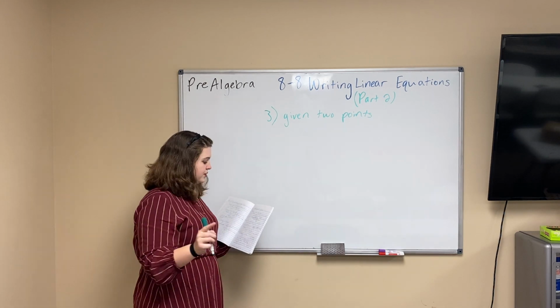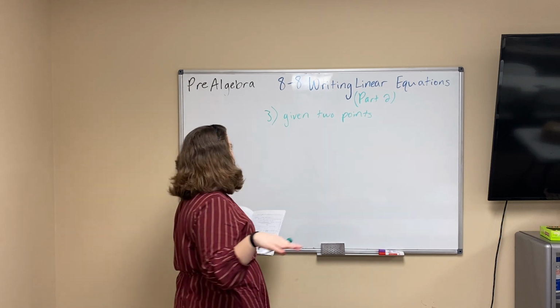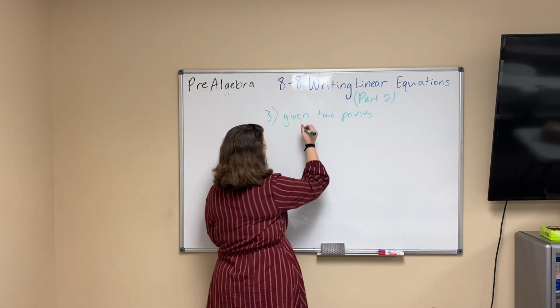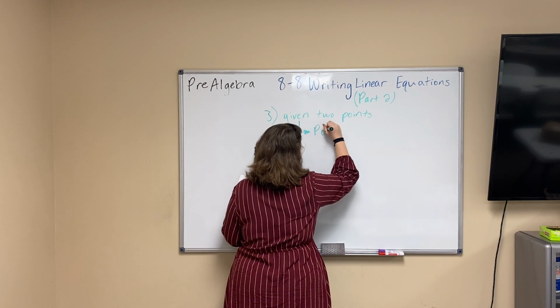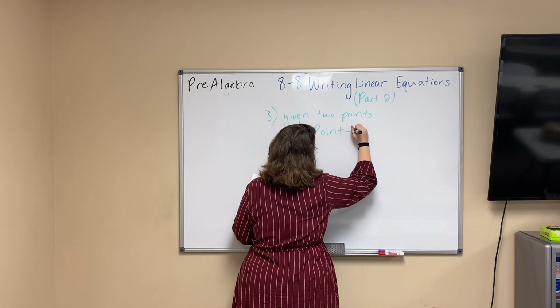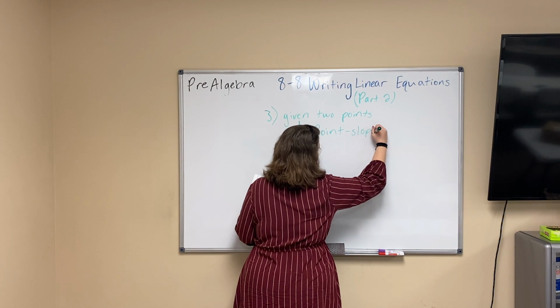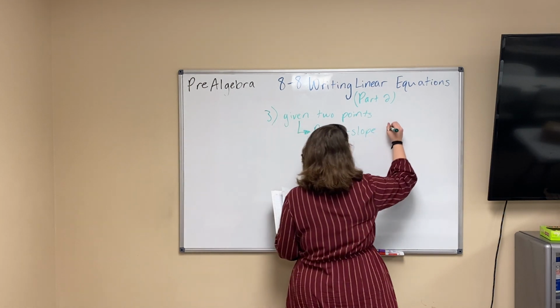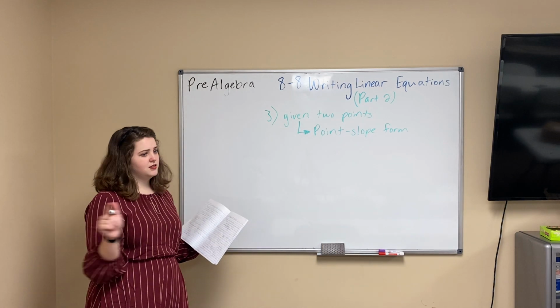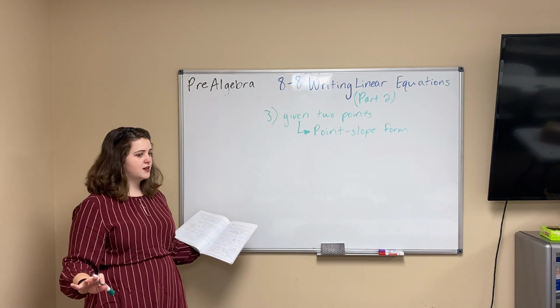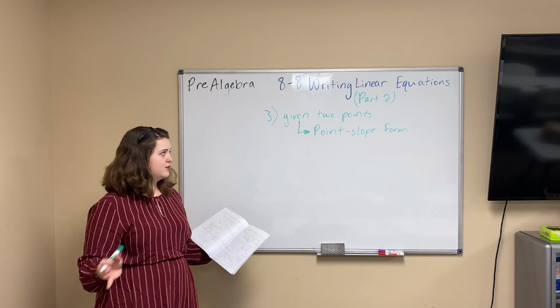When you have 2 points, you don't have the slope, we're going to use what is called point-slope form. Instead of slope-intercept form, which you guys already know, we're going to use point-slope form. And this is only when you're given 2 points and you don't know the slope or the y-intercept. You just have 2 random points.